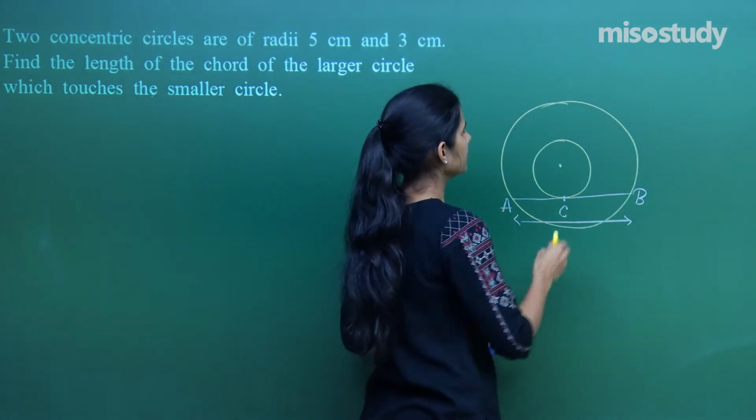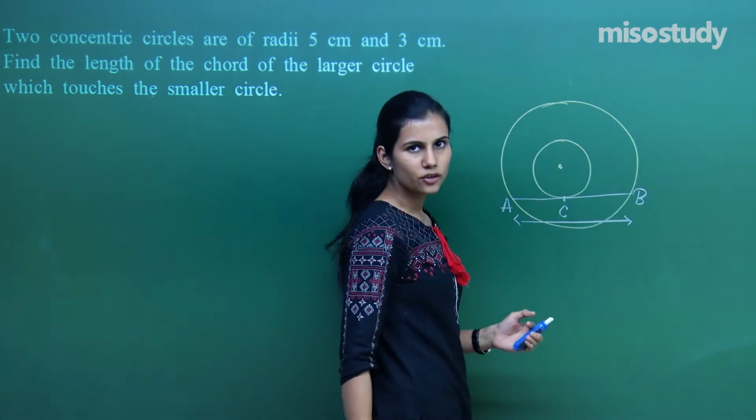Fine. Now see, this is the center of the larger circle as well as the center of the smaller circle.